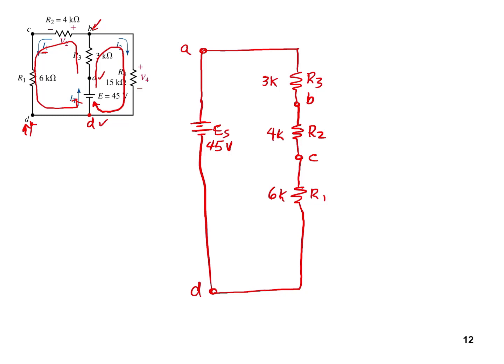Okay, so picking up our current flow from node B, this would be where I2 takes off. We have R4 as our load, and it is a 15k ohm load. And where does it come around to? It comes around to returning to point D, so that's simply down here to the negative terminal of our source.